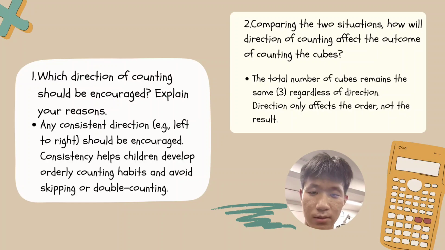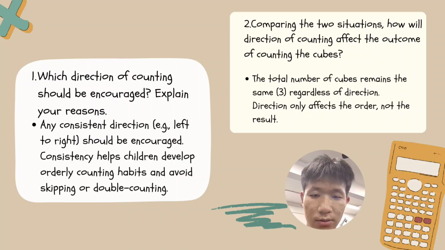Explain your reason. Any consistent direction, for example, left to right, should be encouraged. Consistency helps children develop an orderly counting habit and avoid skipping or double counting.